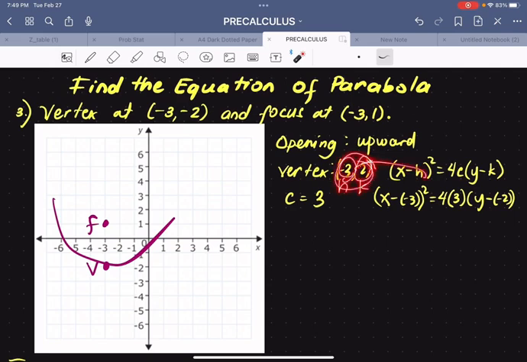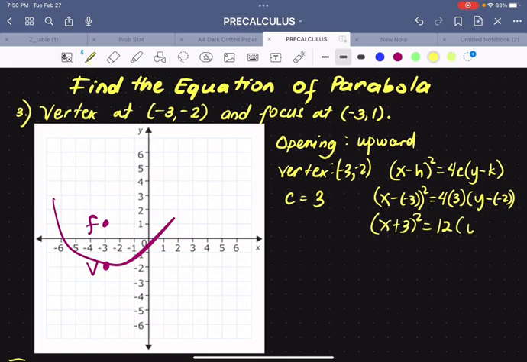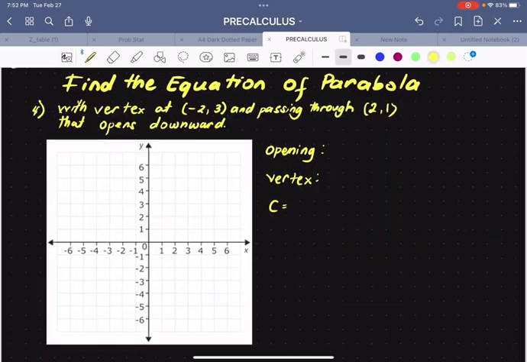So let's substitute in the formula. K is negative 2. Simplify. So x plus 3 quantity squared equals 12 times y plus 2. So ganun lang kasimple. Minus negative, that will become plus. So this is now the equation of the parabola.